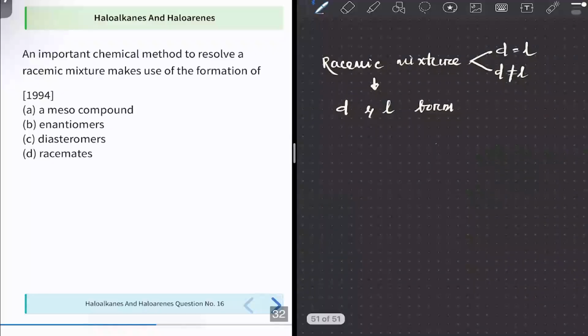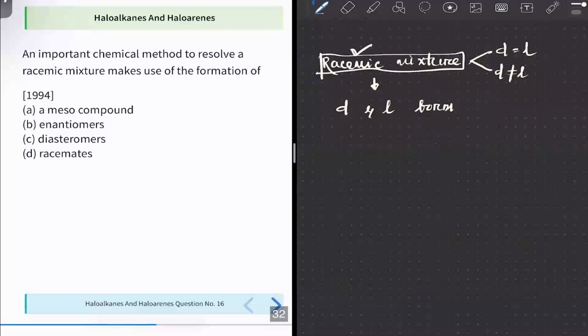According to the full racemic mixture, that is complete racemization, there will be no optical activity because D and L will cancel each other. But in partial racemization, there will be optical activity because they are not equal in proportion, so they can't cancel out each other, right? So a partial racemic mixture will show optical activity.